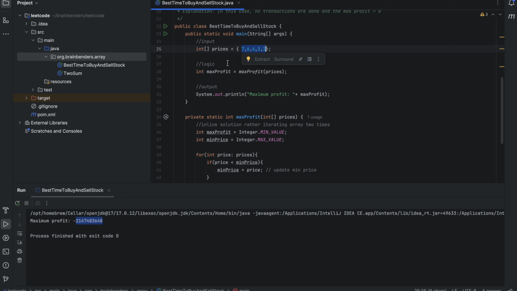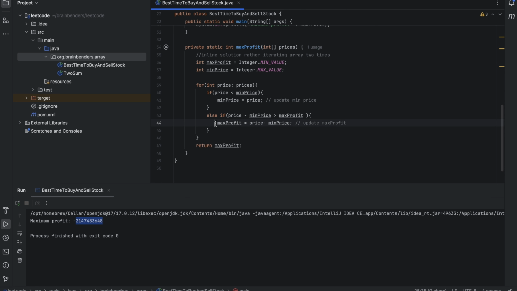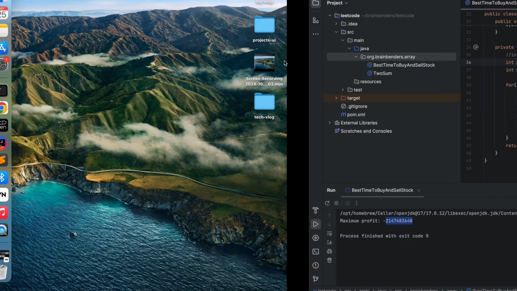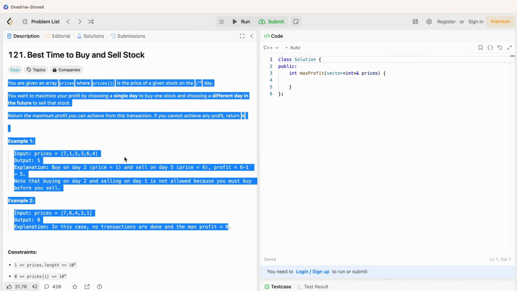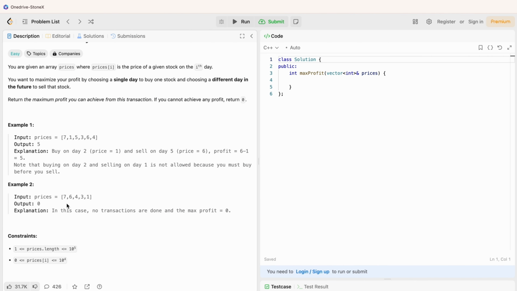So you will never get a profit, so this condition will never be met, and you will always have the minimum value. Let me check whether the expectation is to return zero. They are expecting to return zero.